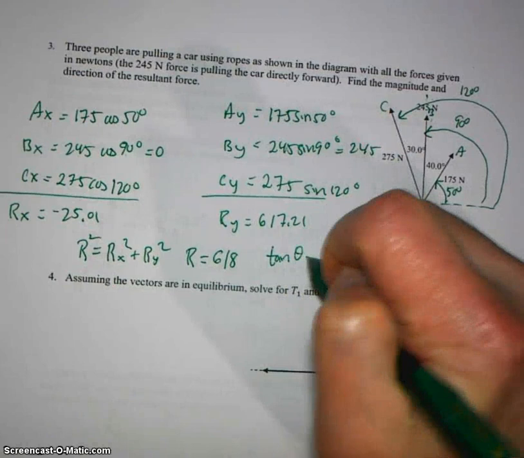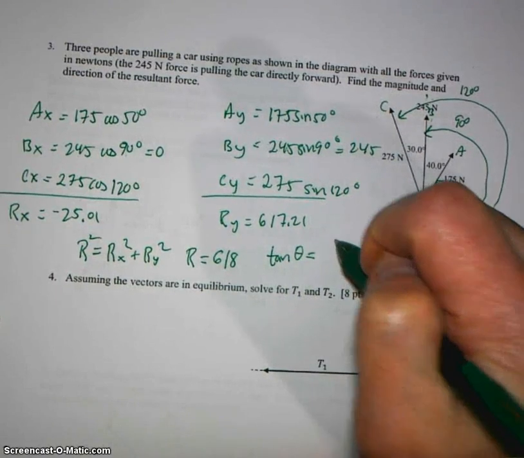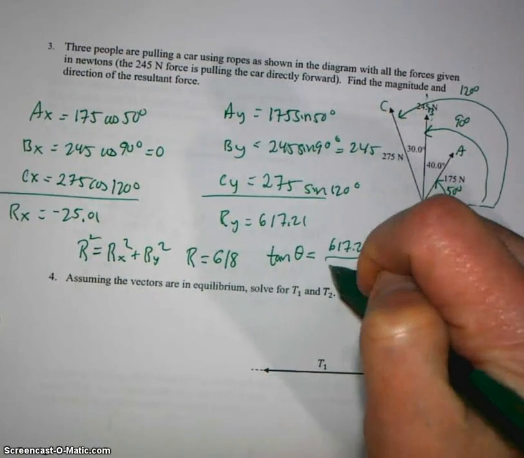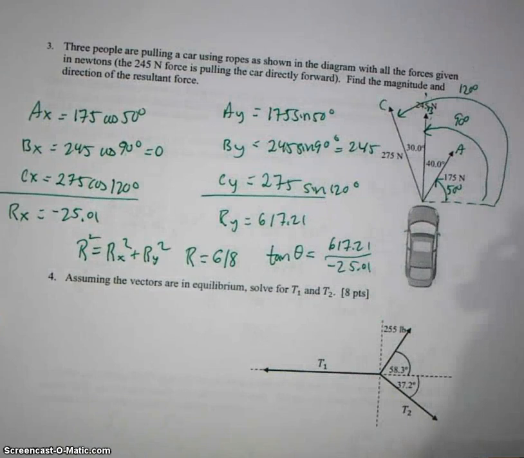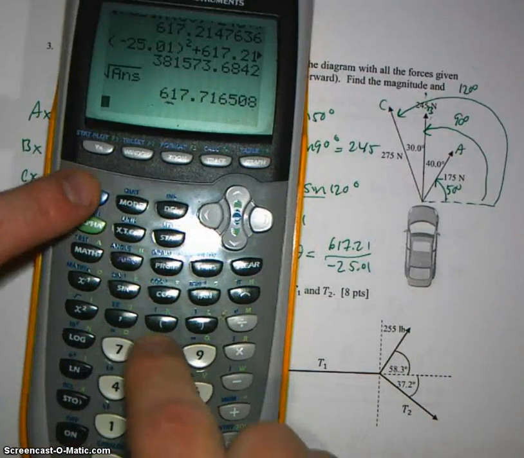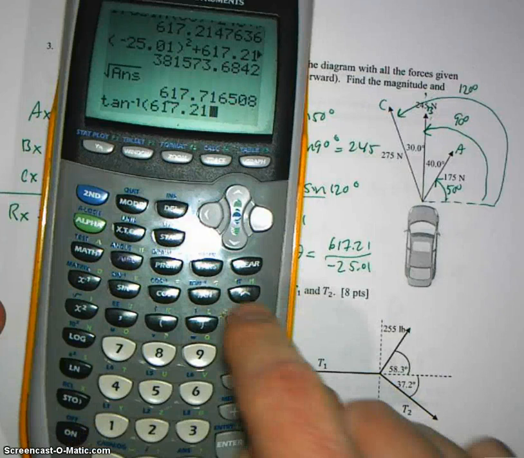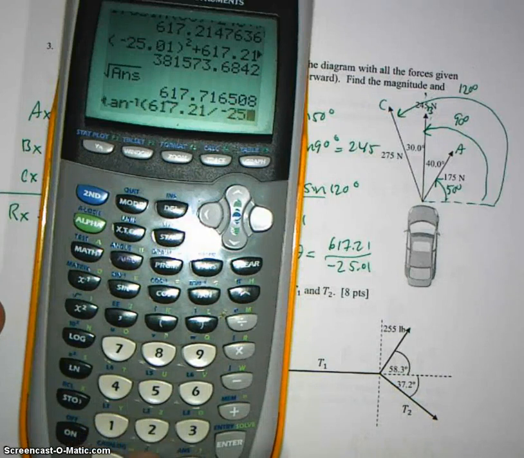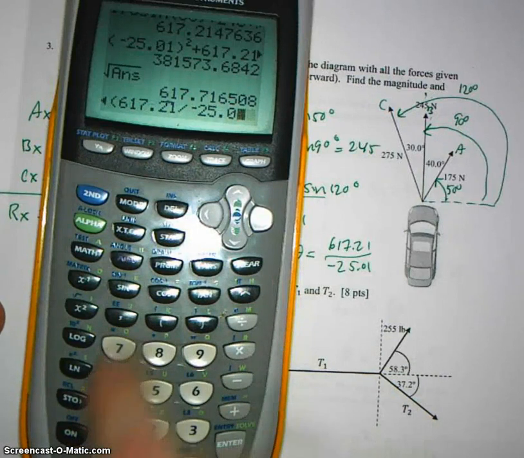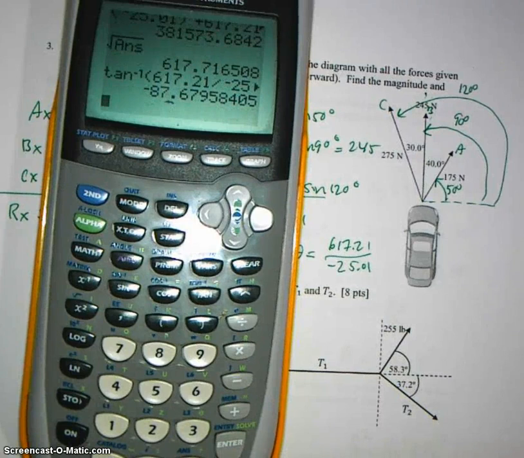And tangent theta is Ry, 617.21 over negative 25.01. So tangent inverse of 617.21 divided by negative 25.01. Negative 87 degrees. Again, that's the wrong angle, correct?